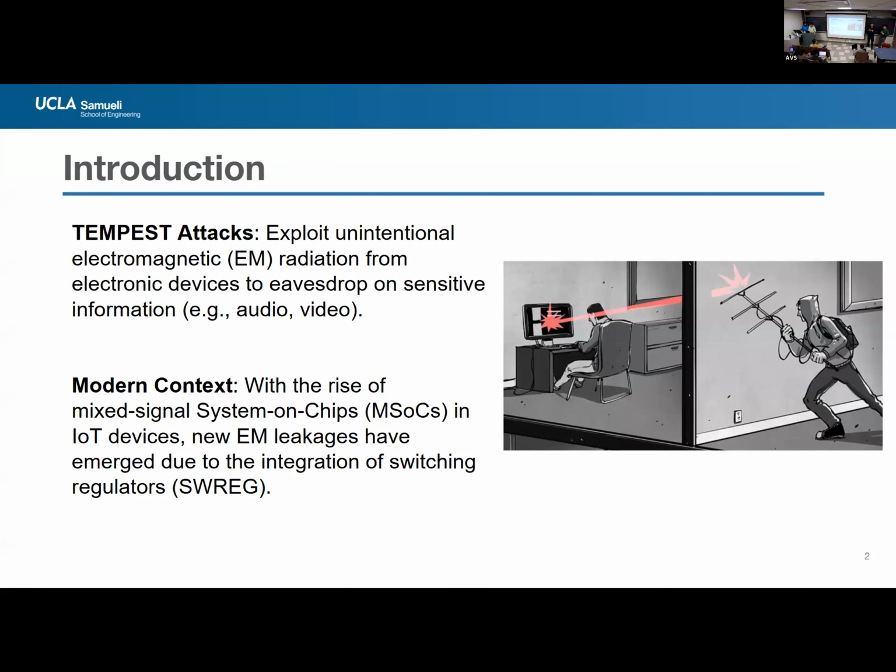As shown in the picture on the right, someone is using a laptop in a room, but the attacker outside of the room can steal the information by using the EM radiation. But now, with improved technology, mixed signal systems on chips, MSoCs, have emerged. The new EM leakage is mainly due to the switching regulator integrated on the MSoCs.